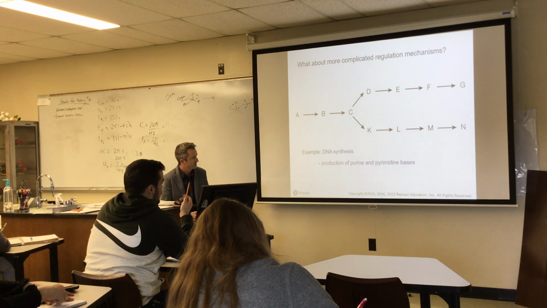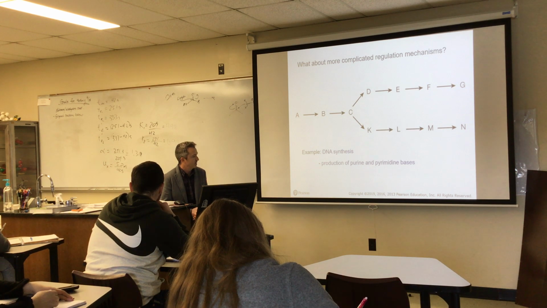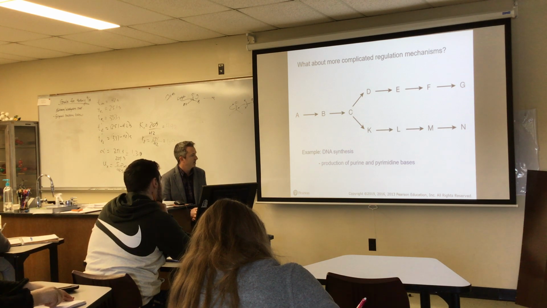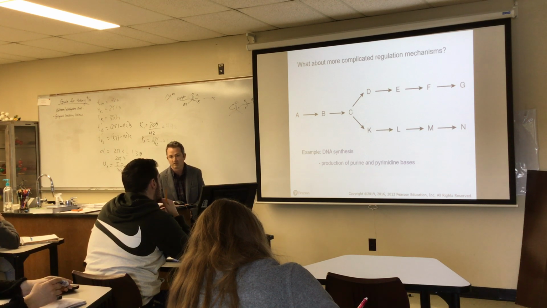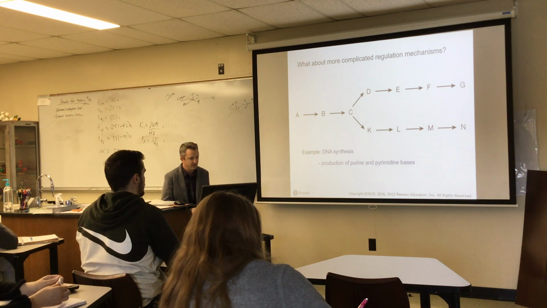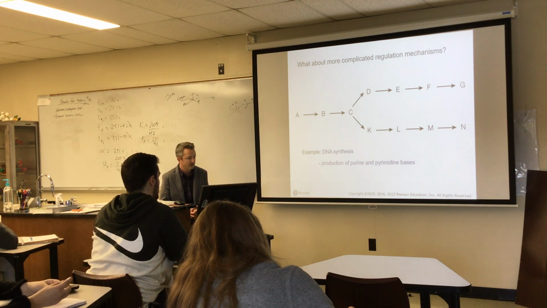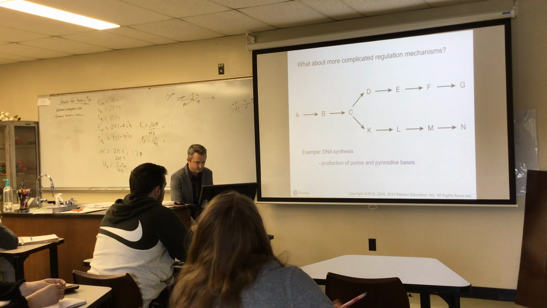So an example of this type is DNA synthesis, the synthesis of purine and pyrimidine bases. DNA needs to synthesize both of these in fairly equal amounts, right? And there are plenty of opportunities for this same type of feedback control in which production occurs.